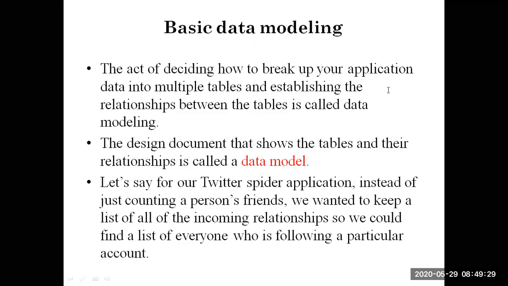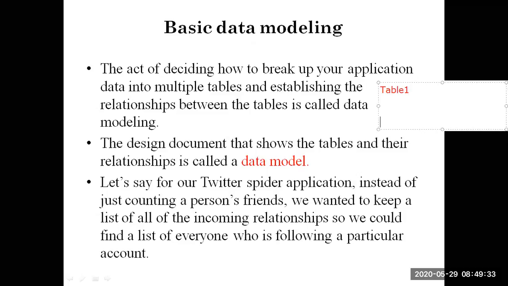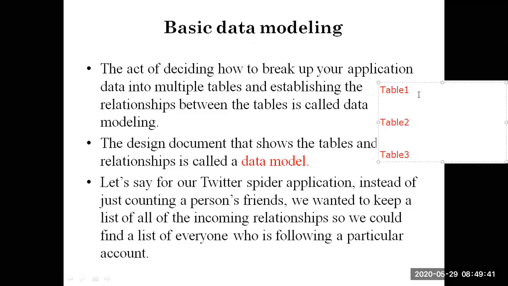As we have multiple tables, let me take table one, table 2, and table 3. So we have three tables. If we call it a relational table, then we need to design it. It has to be decided how the tables are related and how the tables are connected to each other.